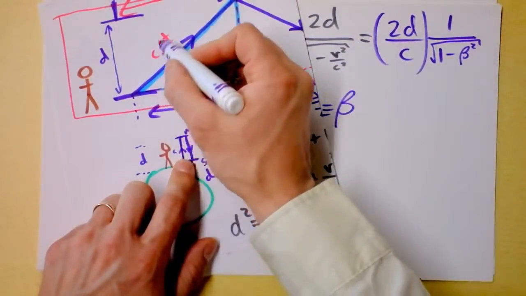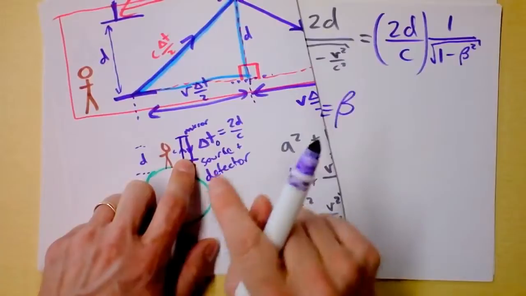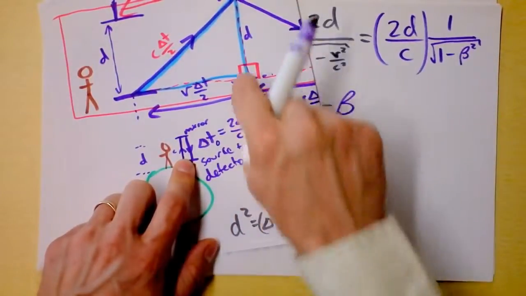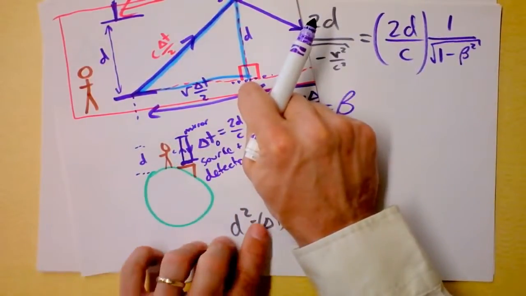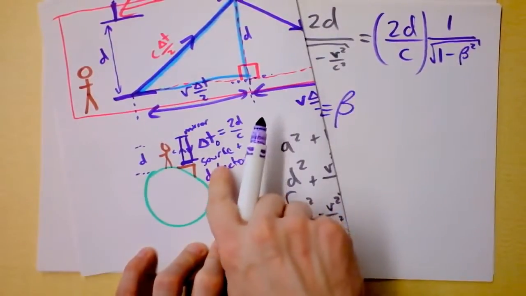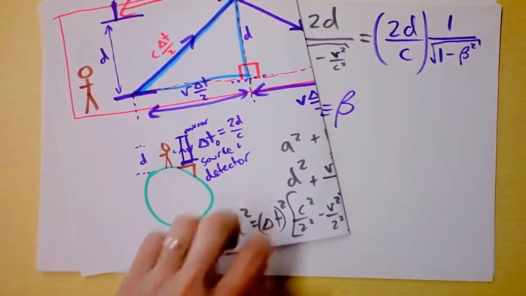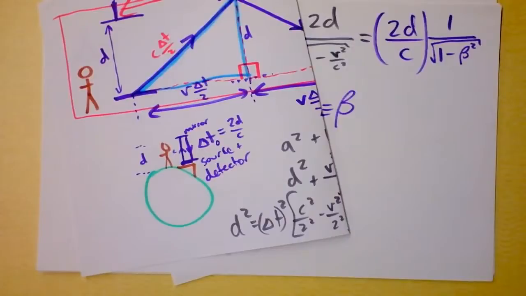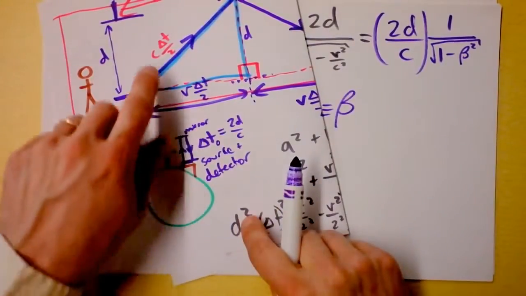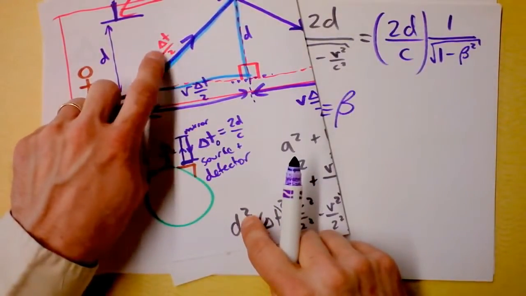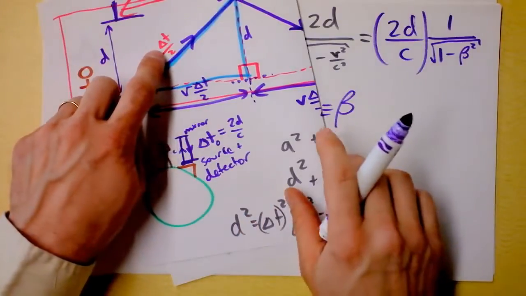So it's going a distance c delta t over 2. So when I have a second, your clock doesn't even complete a second. He says, your clock's running slow, sucker.